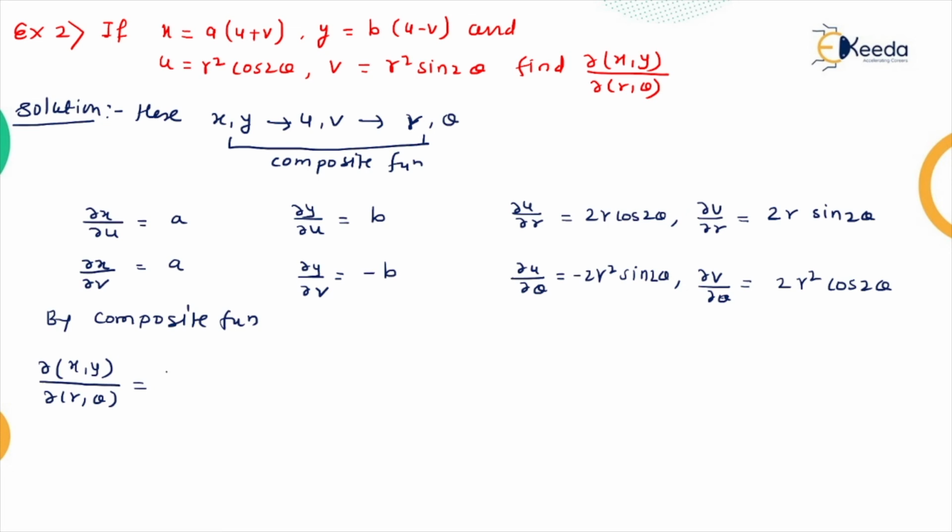xy with respect to r and θ is ∂(x,y)/∂(r,θ). This can be written as, this is the formula, ∂x/∂u, so this is ∂x/∂u, ∂x/∂v, ∂y/∂u, right? And ∂y/∂v. This is the first Jacobian.